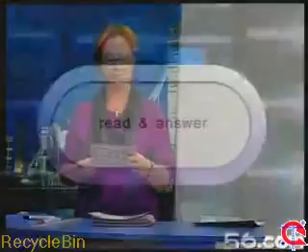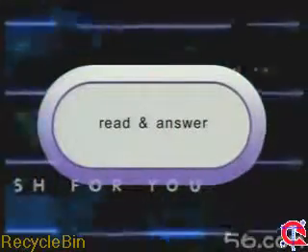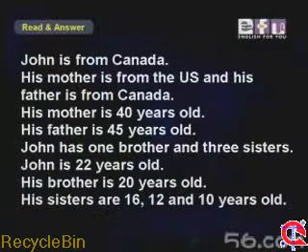All right, now, here is a short story. Read it and answer the questions. Read and answer. John is from Canada. His mother is from the U.S. and his father is from Canada.